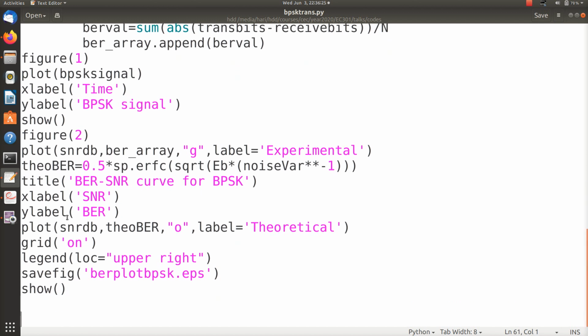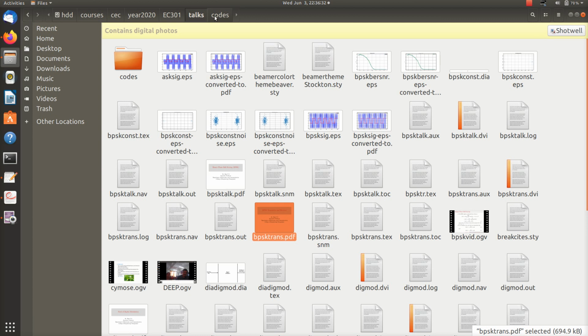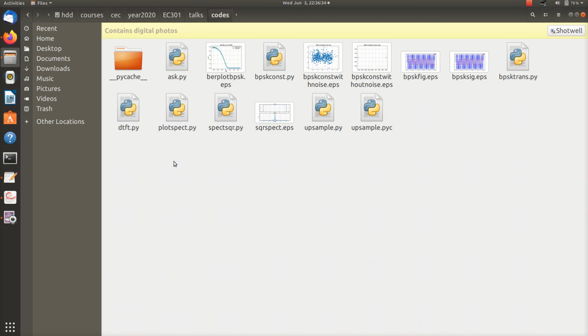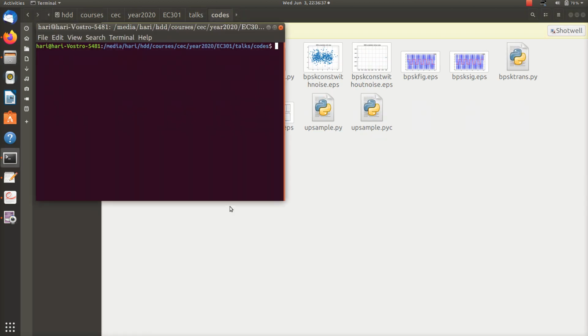Okay. Now let us run this code and see how this happens. I open a terminal. I type IPython.